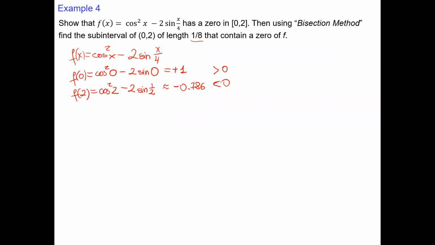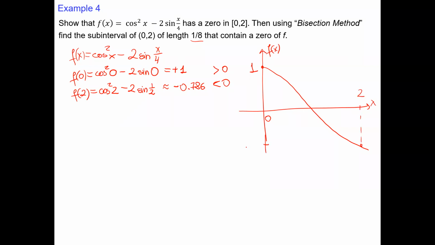How can we organize our work? Let's draw this. I don't know exactly how the function looks, but maybe something like this. At 0 it is 1. This is our function f of x, and at 2 it is negative 0.0786.